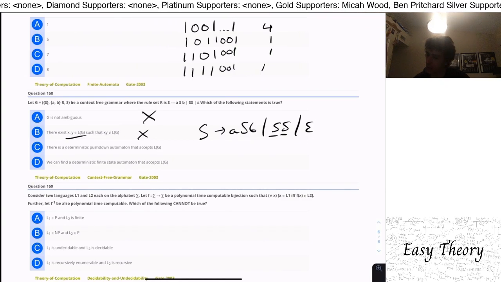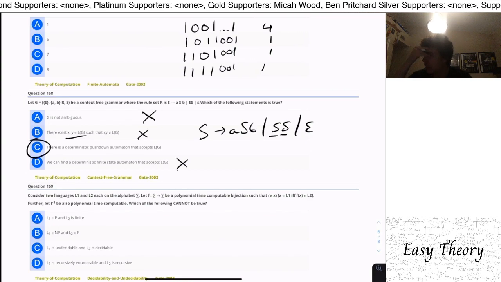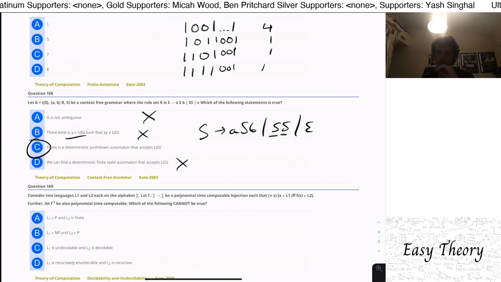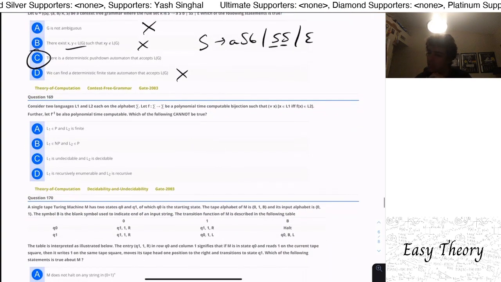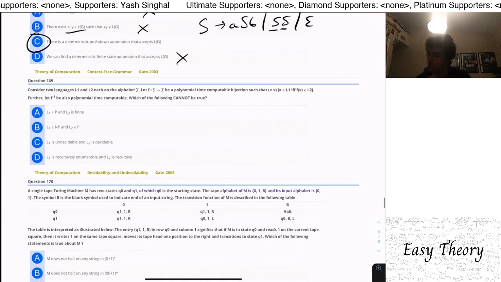There's no DFA for this, so that's not true. So it must be this one. There's a DPDA for it. And let's see, so why would that be? I know it's the same number of A's and B's, so I know you can make a DPDA for that for sure. But it's not all of those strings. That's worth thinking about though.